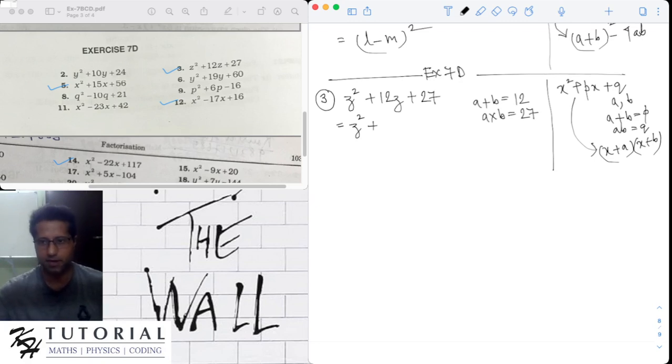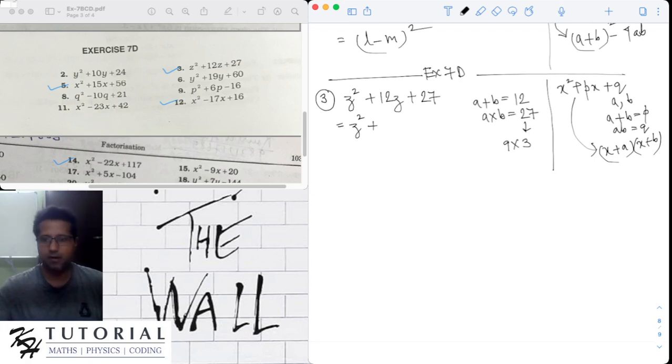Now how do you find a and b? The concept is that you factorize the value of ab. So 27 is 9 into 3. Now you can see clearly 9 into 3 is 27, as well as 9 plus 3 is 12. Now this was simple, but for some numbers, you have to do a lot of factorization. That is, the product, the value of ab from the polynomial, you have to create all its factors and see.